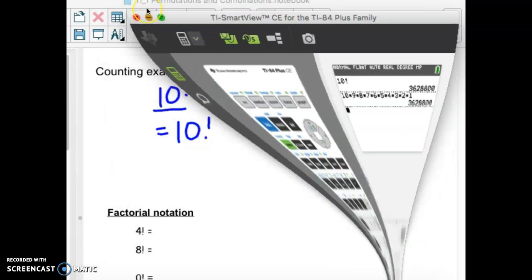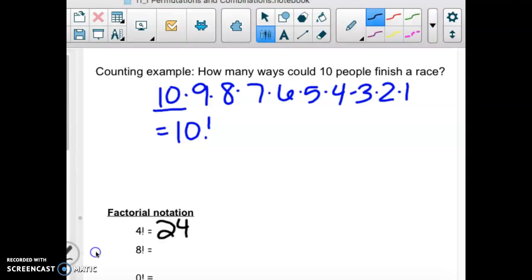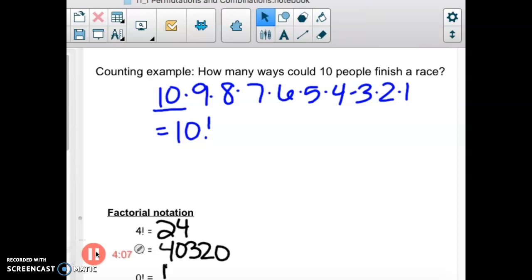Much faster though. So why don't you try calculating a few of them? All right, 4, 8, and 0. So 0 factorial is 1 because if you have the number 0, there's one way to count it. It's talking about counting with the multiplication counting principle. So that's kind of a unique one.